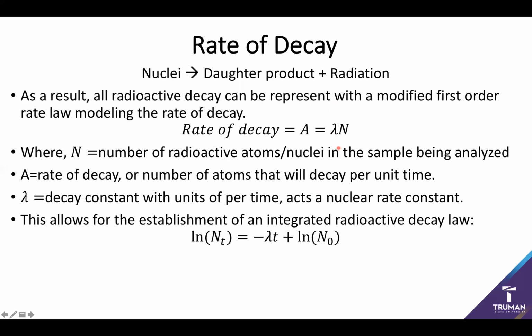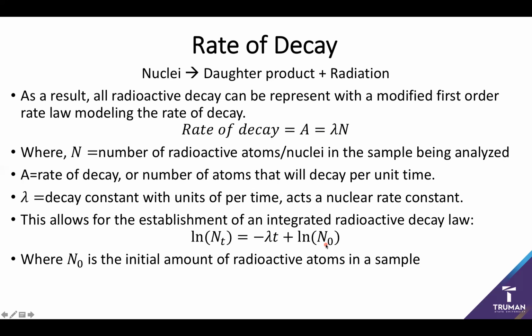So what we can do is, using this, help establish an integrated radioactive decay law, where now we have a natural log of the number of radioactive atoms at time t, and the radioactive atoms at time 0. And t simply will relate the amount of time that's passed. Do make sure that your time and your rate share the same units, and you'll be golden.